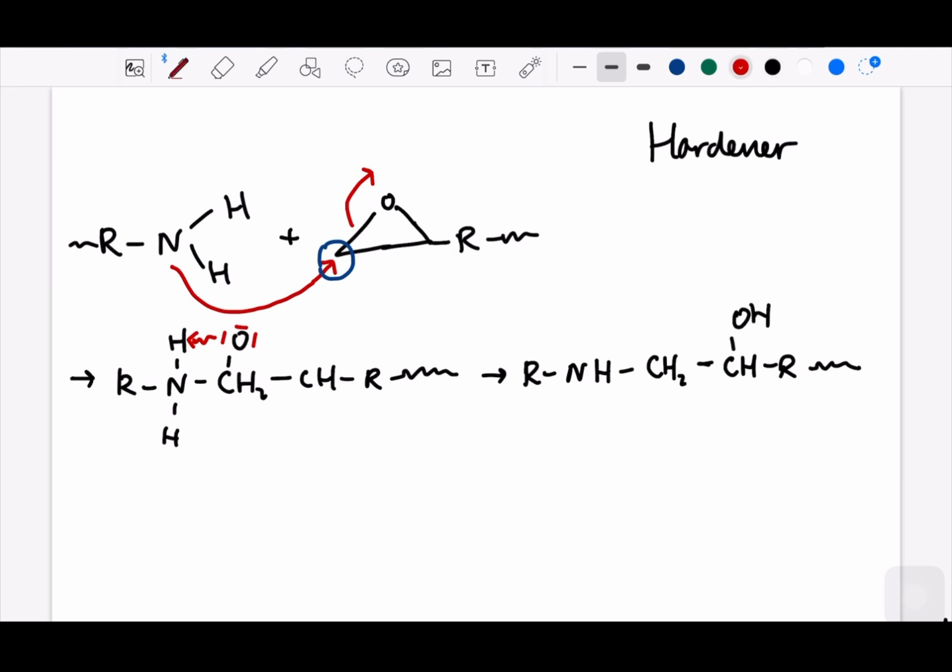And then this nitrogen is more negative now. And later we see that it will react with this.